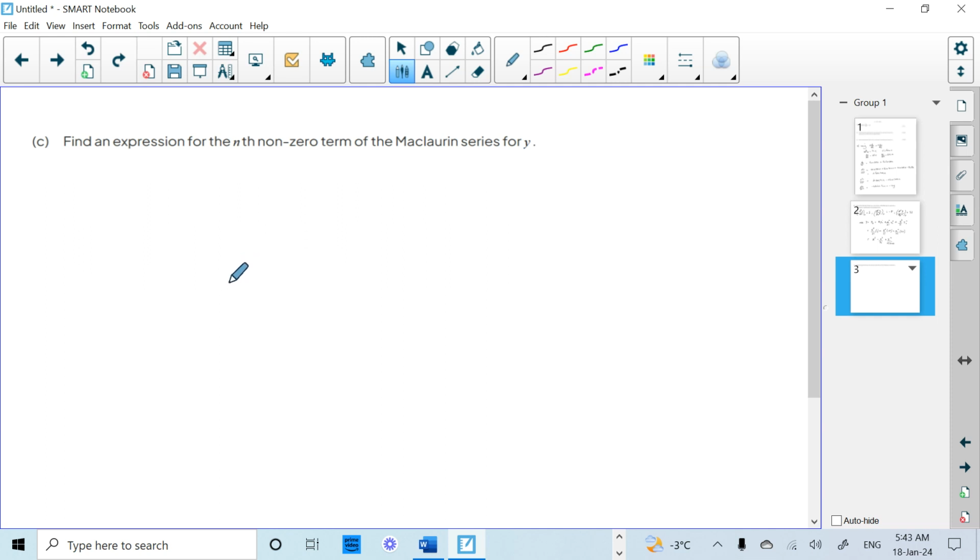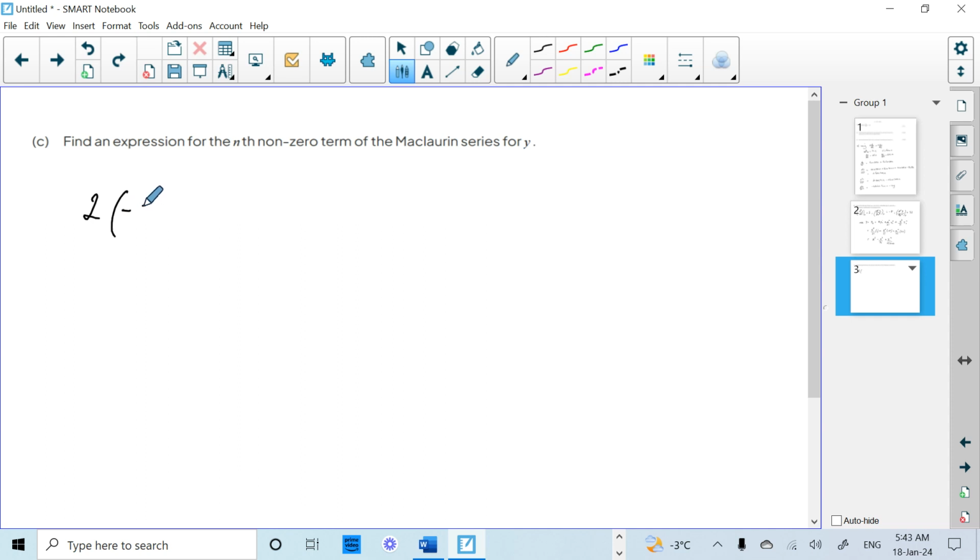Now part C, find an expression for the nth non-zero term of the Maclaurin series for y. Well, we're just going to substitute in our values, again using the formula.